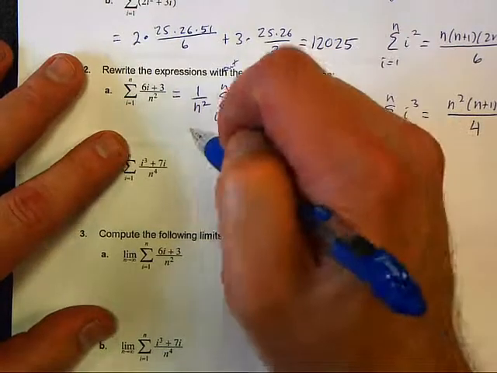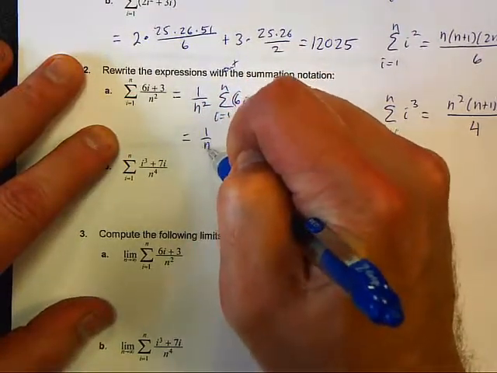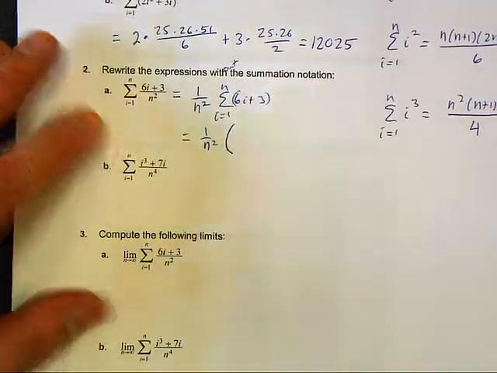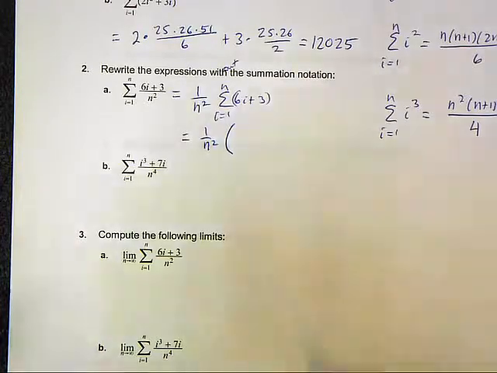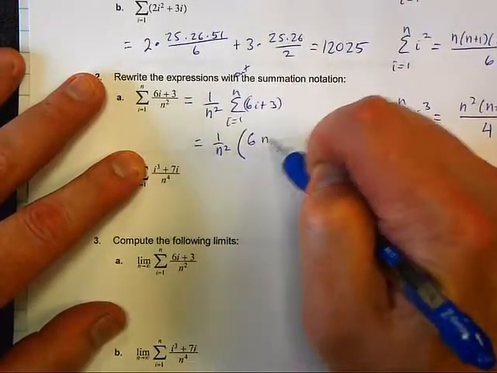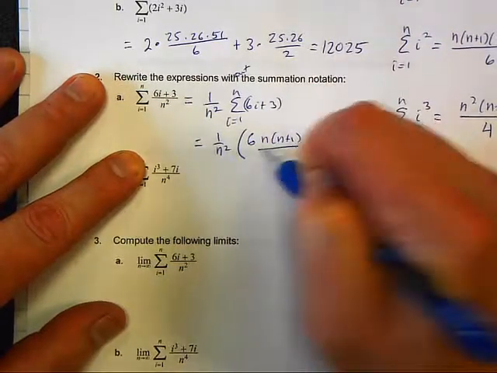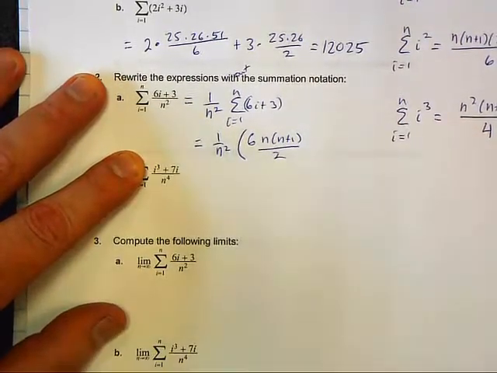All right, so we're going to have 1 over n squared times. What do I write instead of writing 6i? 6 times n plus 1 divided by 2.